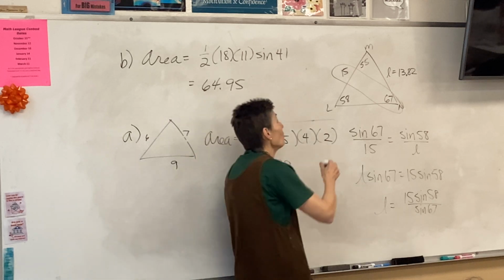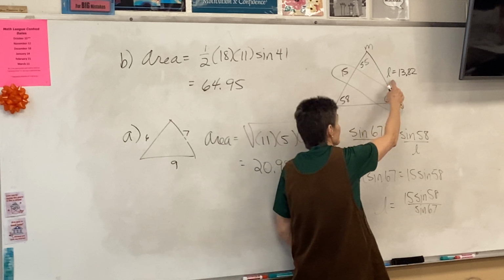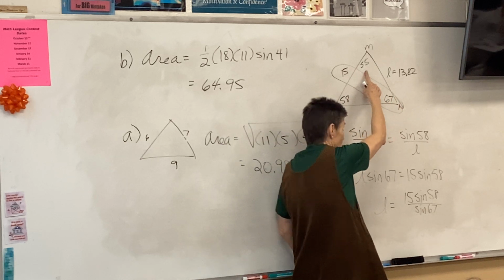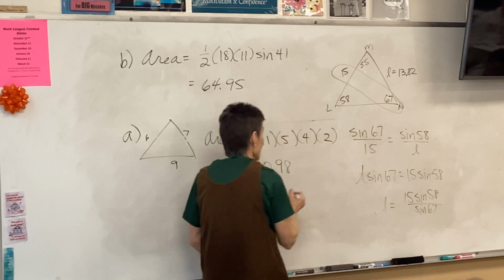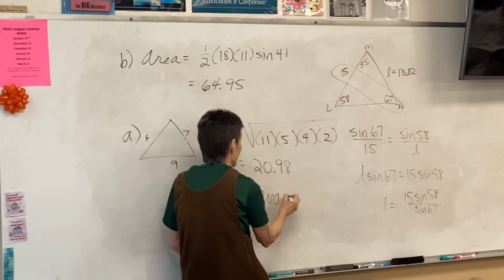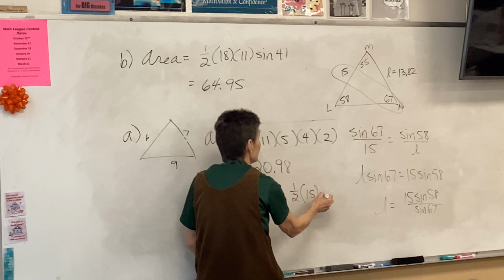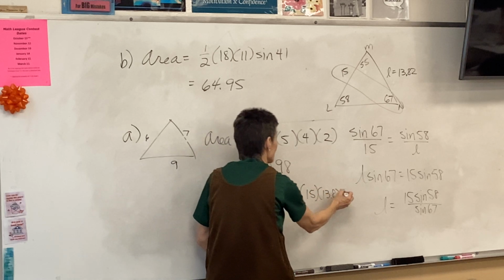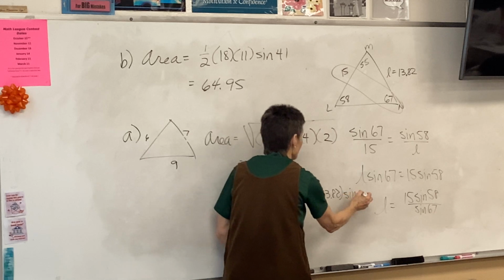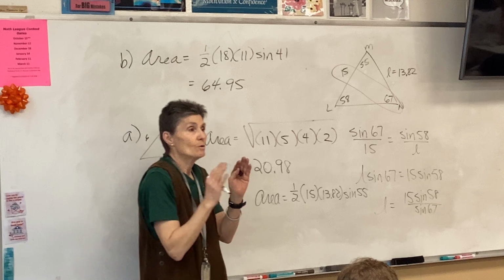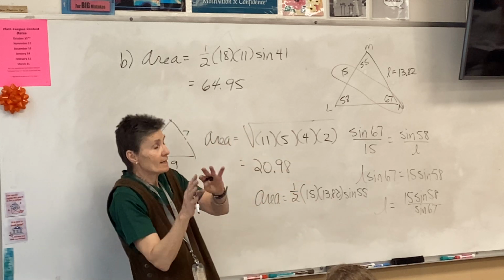So now we have two sides and the angle in between. So remember, we were finding area. So area will be 1/2, 15, 13.82, sine 55. I know it gets confusing using sines and cosines.